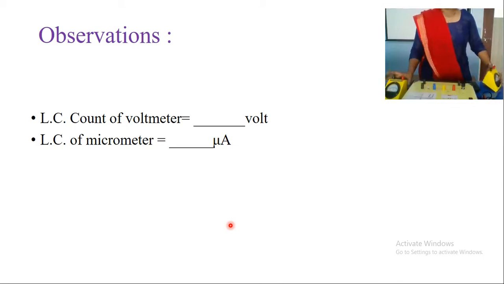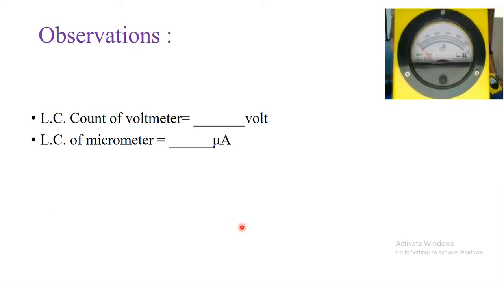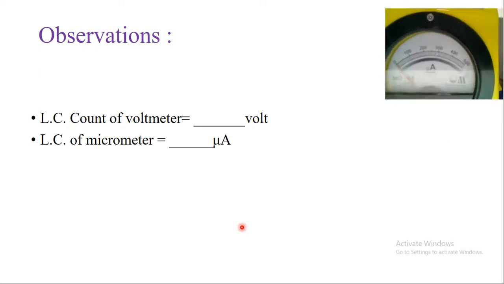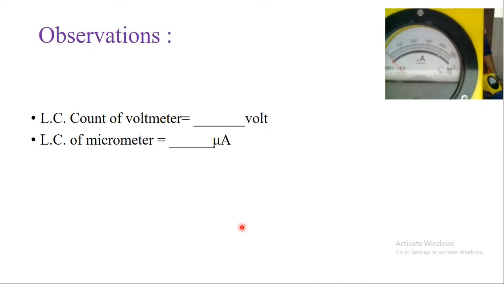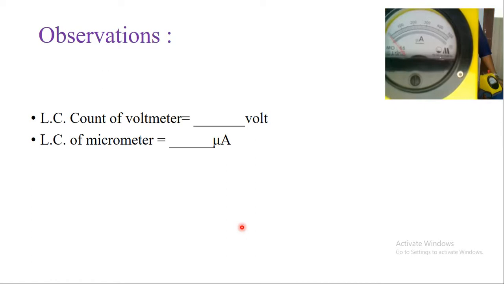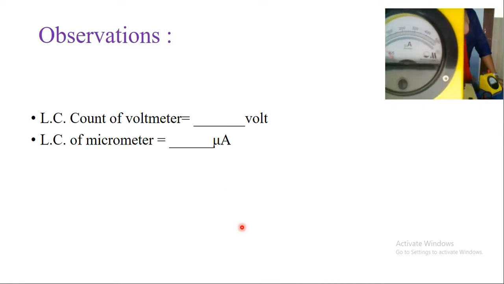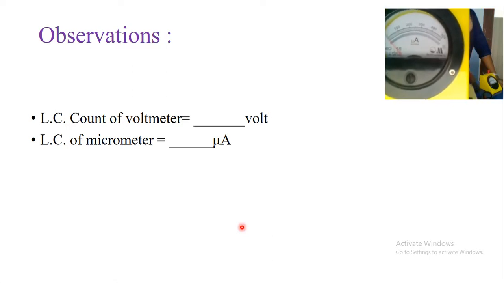Let's calculate the least count of microammeter. So this is microammeter. In that microammeter you can see 0 to 100 there are 10 lines. And 100 divided by 10 is 10 microampere. Means one line is of 10 microampere.